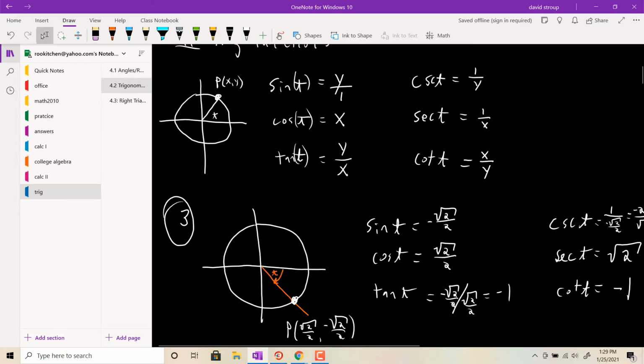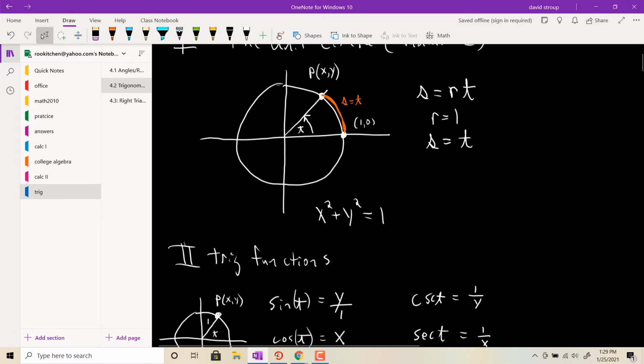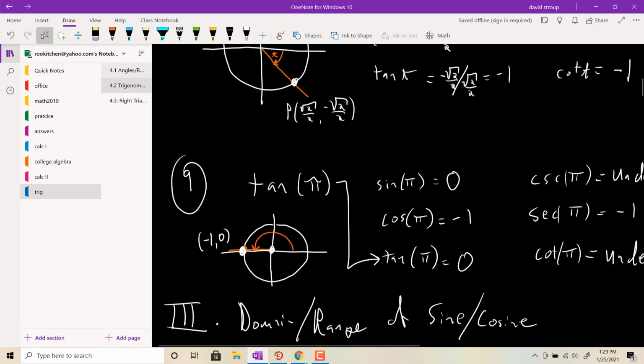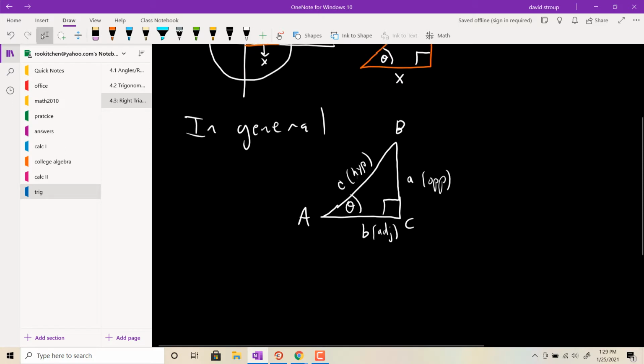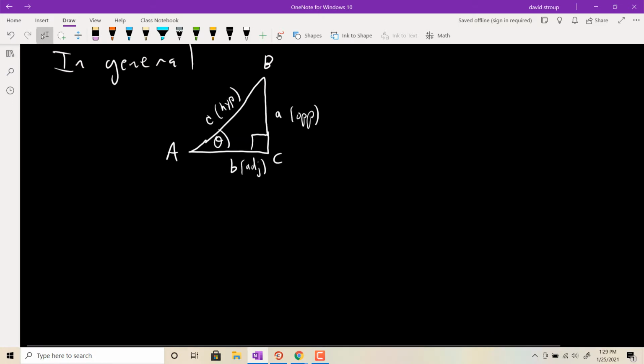It should be y over 1 because the thing was a unit circle, radius 1, right? Now, though, we're going to work with this general triangle and make the definitions of the trig functions in terms of adjacent, opposite, and hypotenuse. So I'll write out all my trig functions, and then we'll do that.